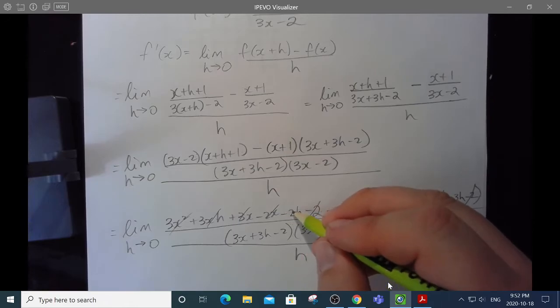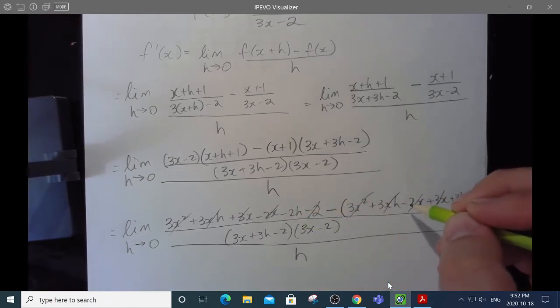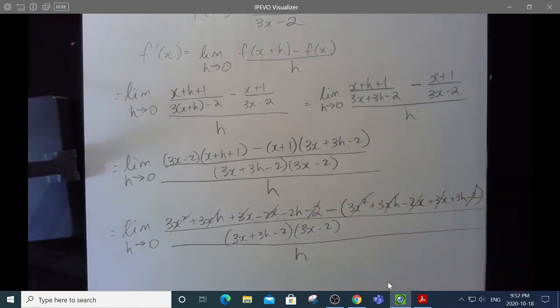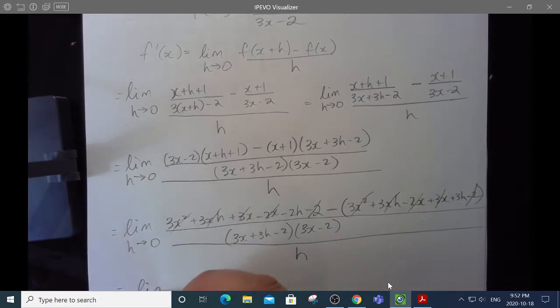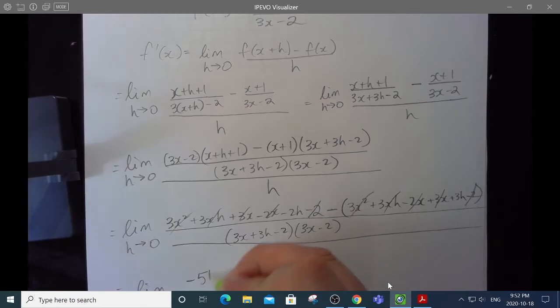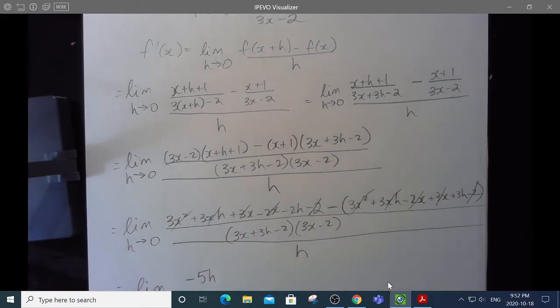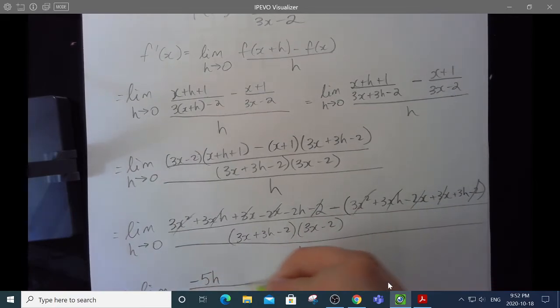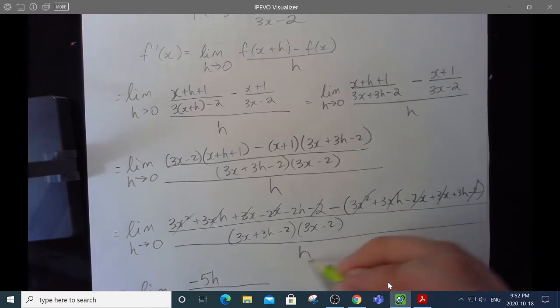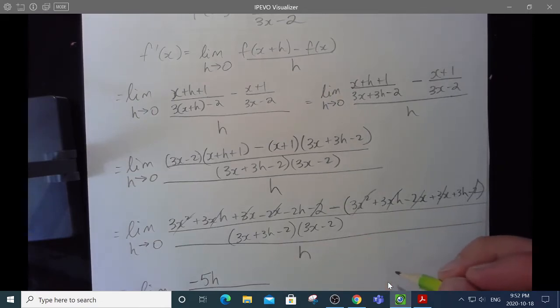But I have negative 2h minus 3h. So that's the limit as h approaches 0 of negative 5h all over the denominator. And instead of dividing by this, I'll multiply by its reciprocal, which puts it right here.